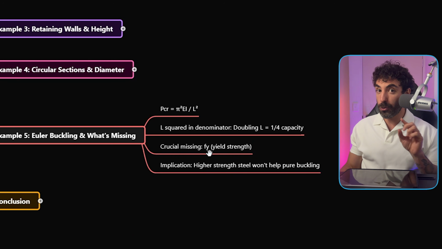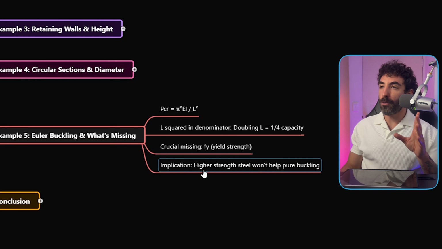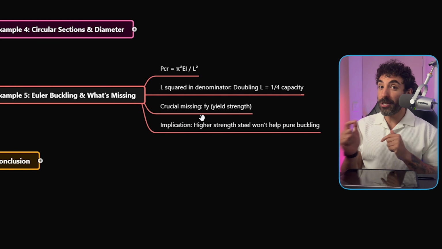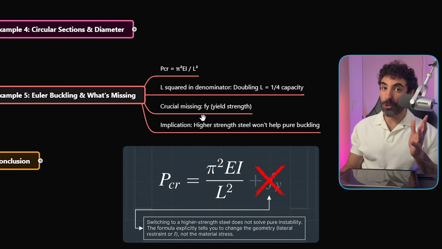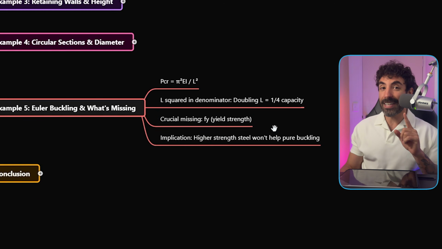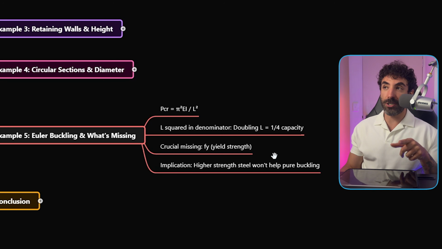And that should make you stop for a second, because it tells you something very important. If a column is failing in pure Euler buckling, then switching to a higher strength steel does not solve the real problem, because the issue is not the yield stress. The issue is instability.